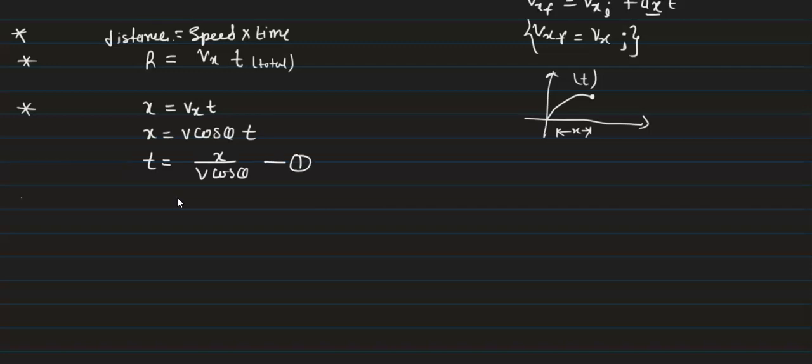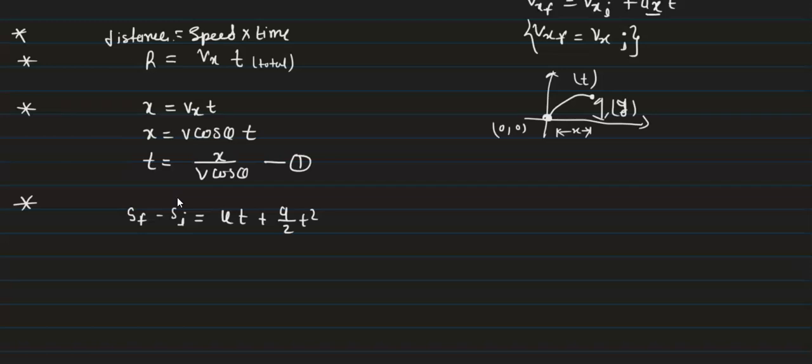Getting it? Now for the y direction, the initial coordinate will be 0, 0, and at any particular time t the coordinate of y will be y. So we can write the second equation as s final minus s initial equals ut plus a by 2 t square.